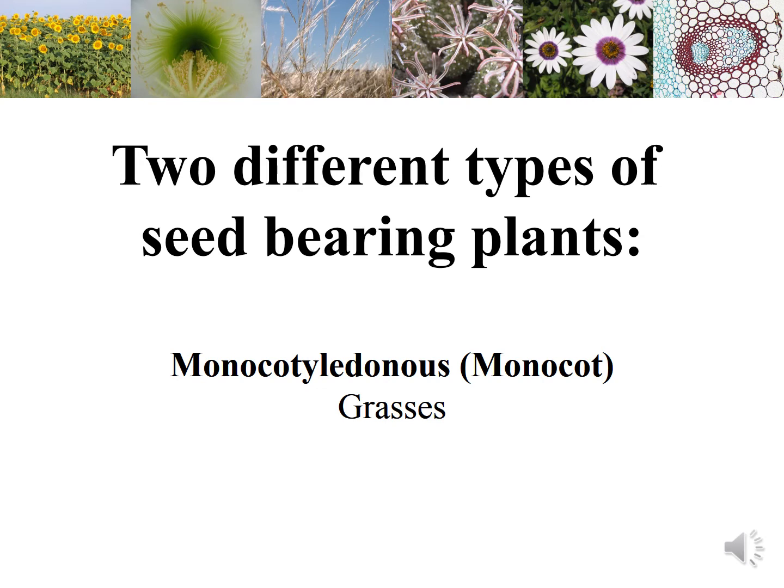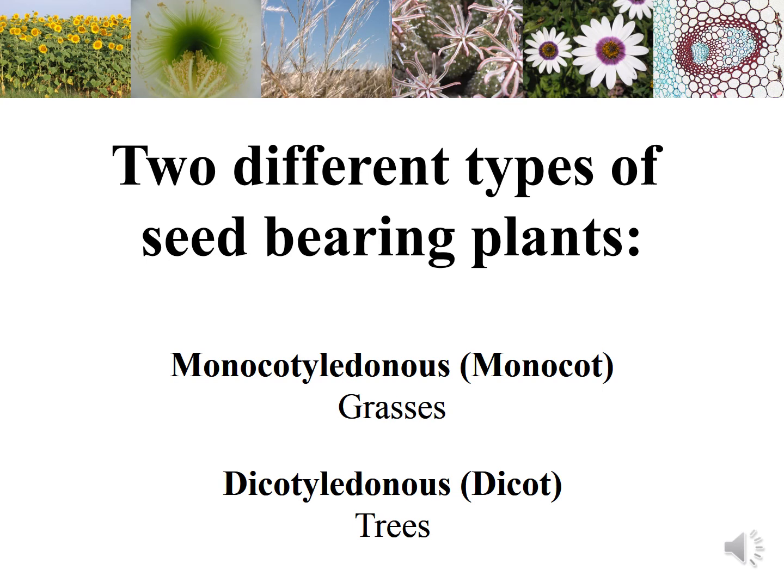The second group is called dicotyledonous or dicot plants, and here we refer to trees and non-herbaceous species. The differences are not for exam purposes, but you need to know them when we talk about any other work that we'll be doing in this course.